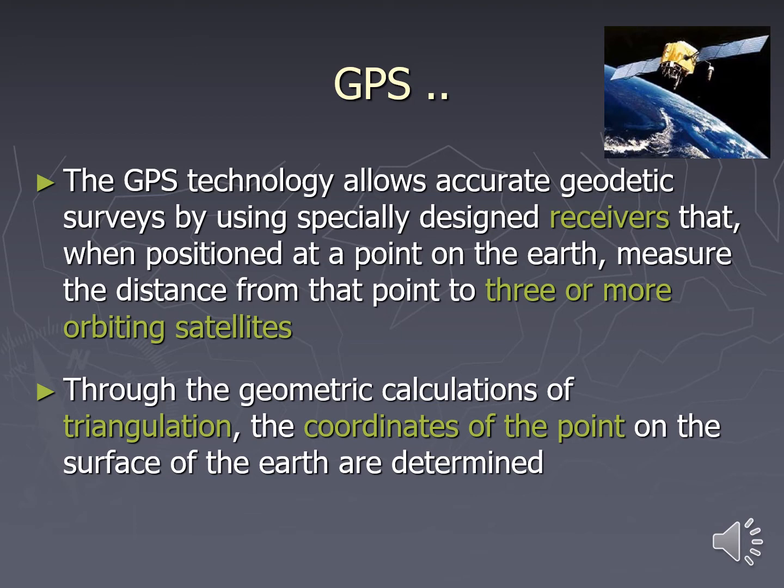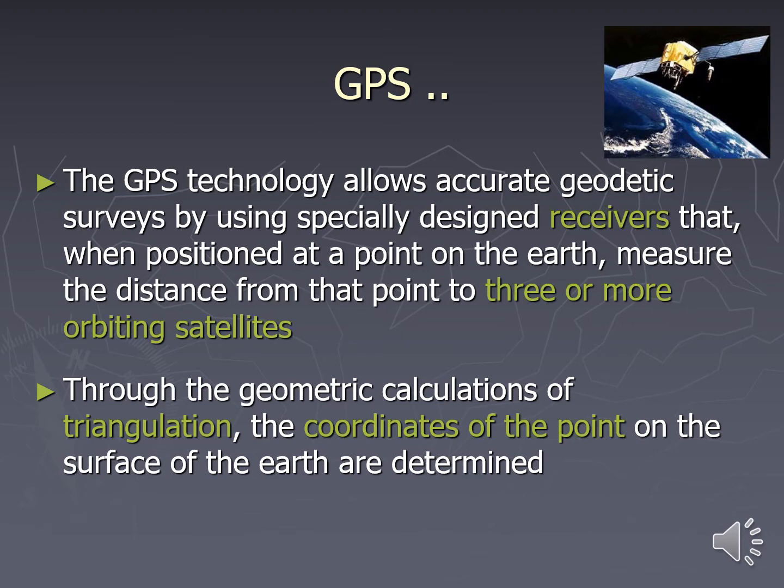And it's done by using specially designed receivers, and so that's what's actually in your car, in your cell phone, in your keychain, all of it. There's a GPS receiver that, when positioned at a point on the Earth, creates the measurement of the distance from that point, or you, to 3 or more orbiting satellites above the Earth.